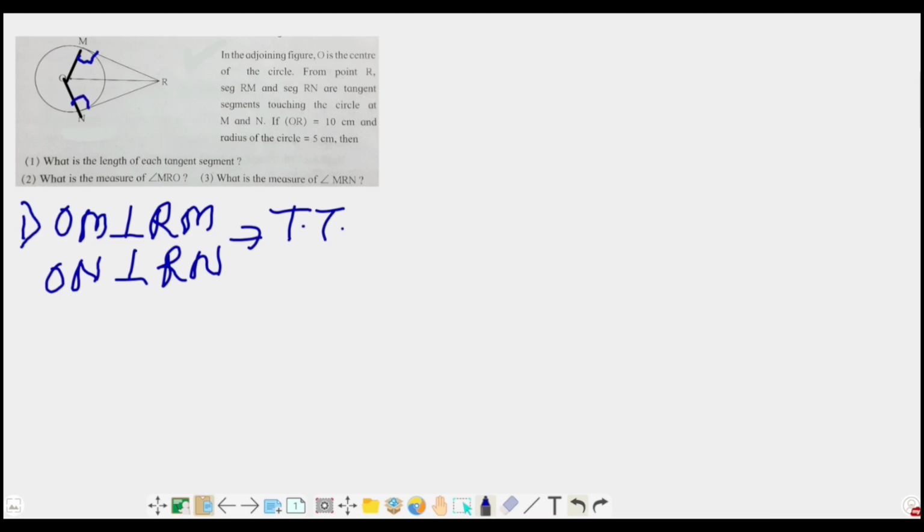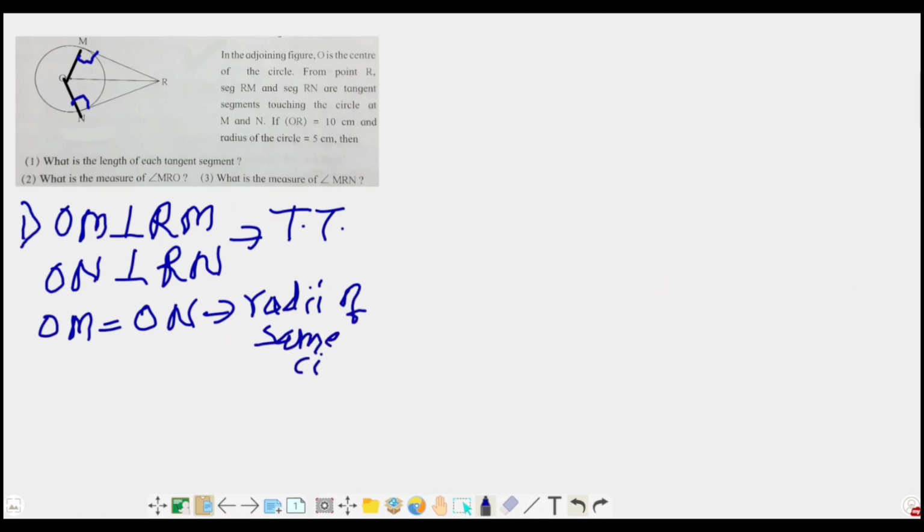Now your OM is given 5 because OM will be equal to ON. They are the radii of same circle. Okay. So radius is given. It is given 5 centimeter. So your OM is also 5 centimeter. Your ON is also 5 centimeter.